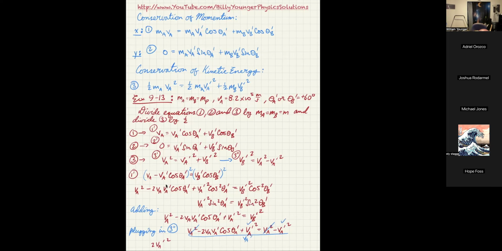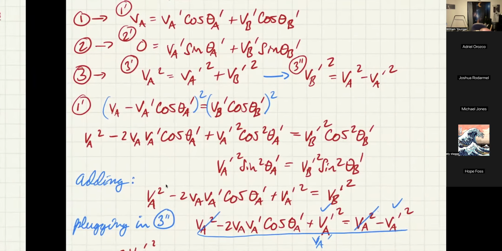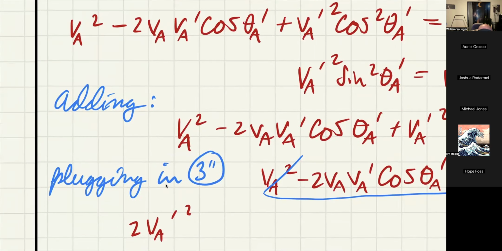Now I'm going to push the 2 VA VA prime cosine theta A prime to the right-hand side. Let me make this a little cleaner too.